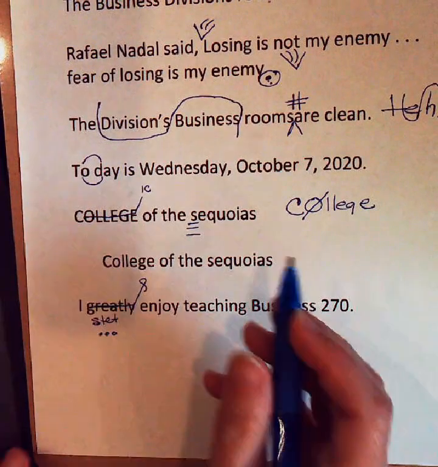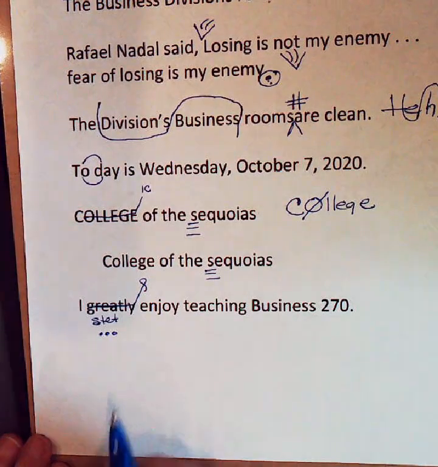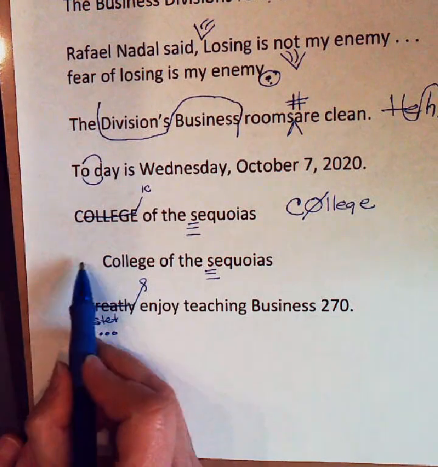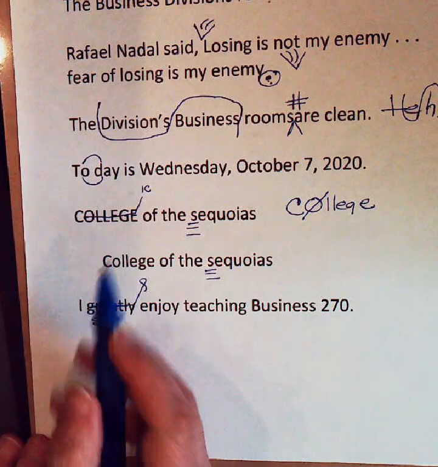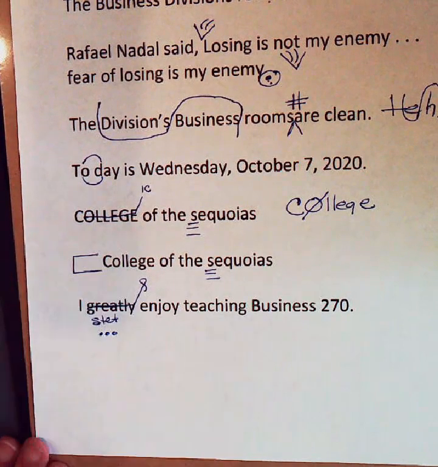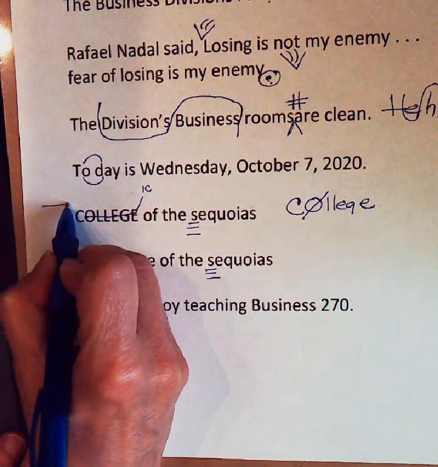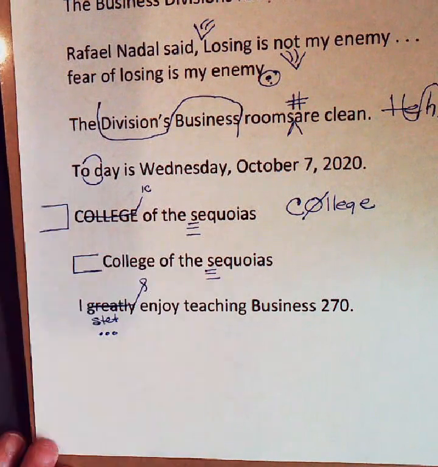So here again we need Sequoias capitalized, and it's been indented. It was tabbed over, and I want it back at the left margin. That means move to the left. If I wanted to start a new paragraph, I want something indented, I would use the move to the right mark.